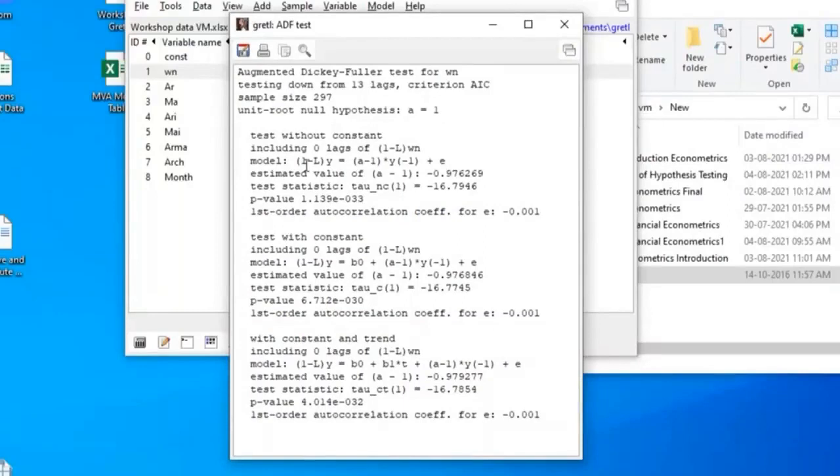So in all the three cases, the P value is 0. That is less than 5%. So we reject the null hypothesis of unit root. That means there is no unit root. If there is no unit root, then the series is stationary. Got the idea?